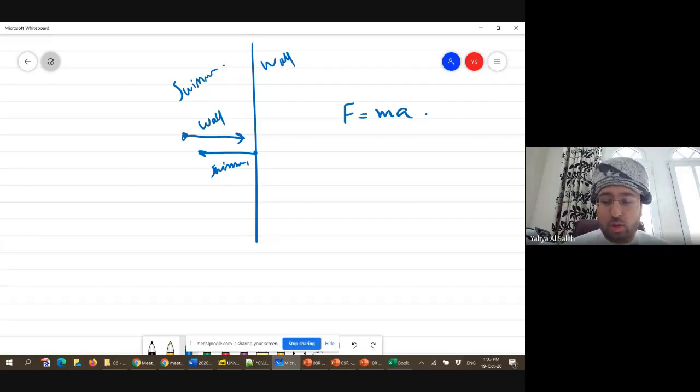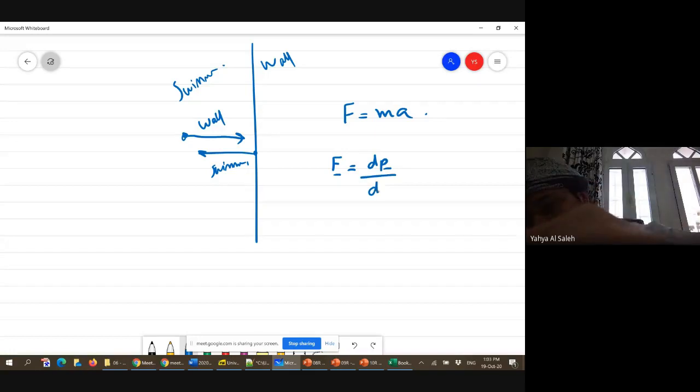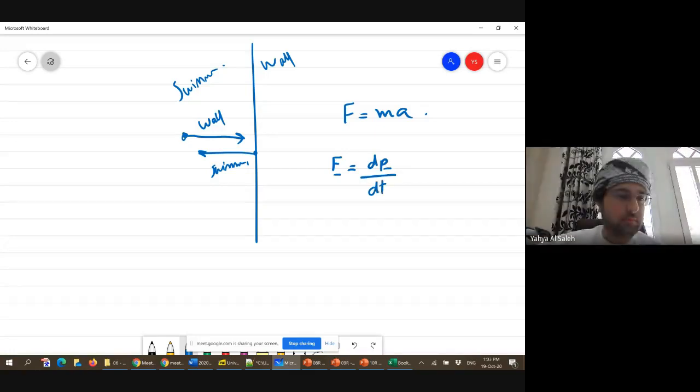What Newton said was the instantaneous rate at which a body's momentum changes is equal to the net force acting on the body. And he said F equals dp by dt. Okay.